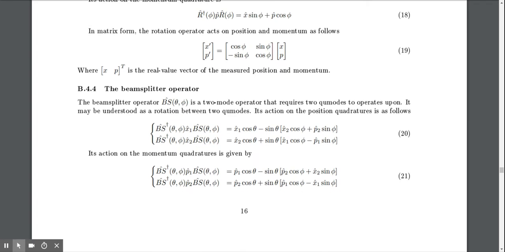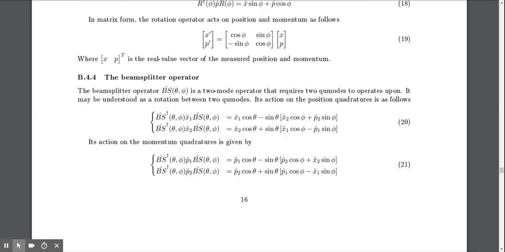The beam splitter. The beam splitter operator is a two-mode operator that requires two Q modes to operate upon. It may be understood as a rotation between the two Q modes. Its action on the position quadratures is as follows. Now I understand why they say the beam splitter is entangling them, because basically the effect on Q mode 1 is depending on the position and the momentum of Q mode 2, and vice versa.